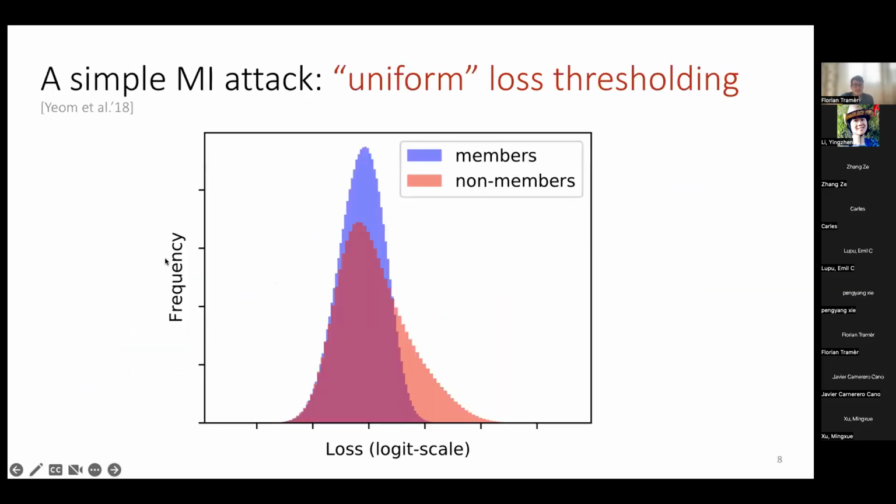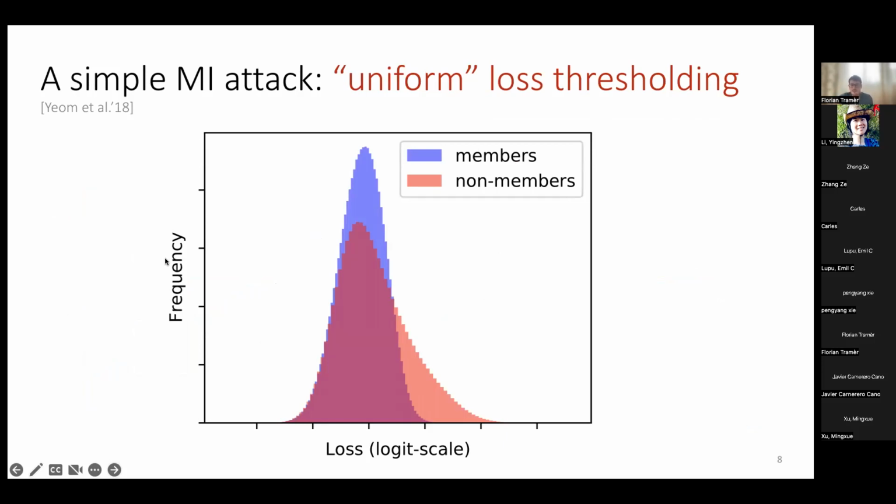You can visualize this as follows. If you look at the members of the training set and the non-members, and plot the loss you get for all of these examples, you'll get some distribution that might look something like this.